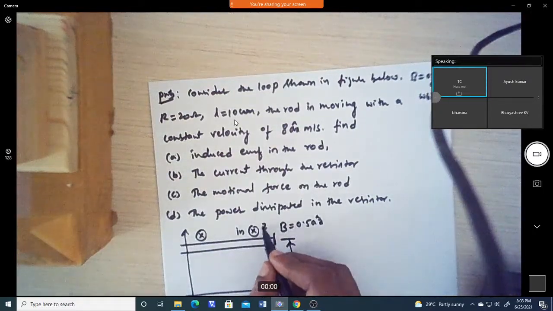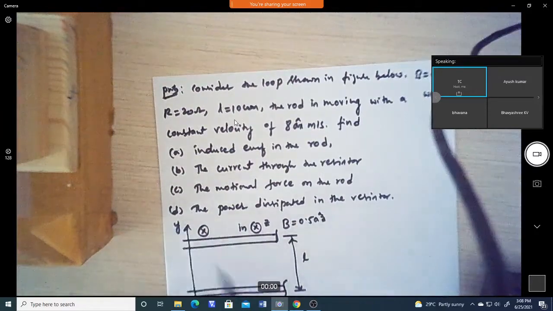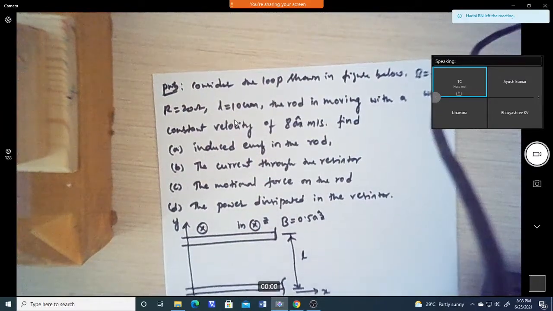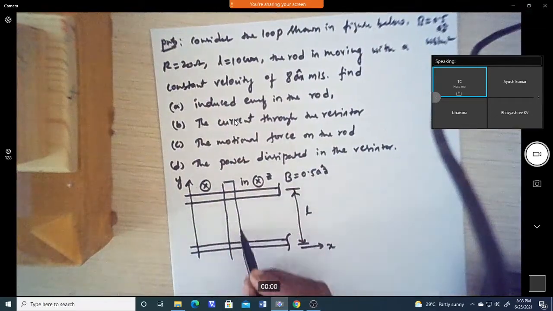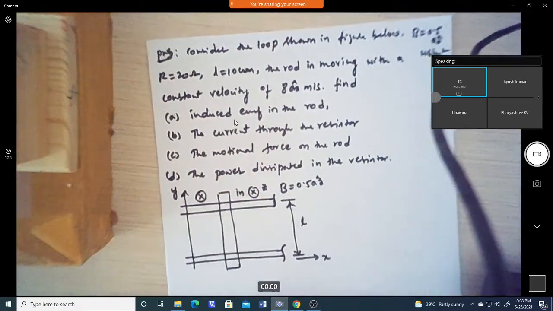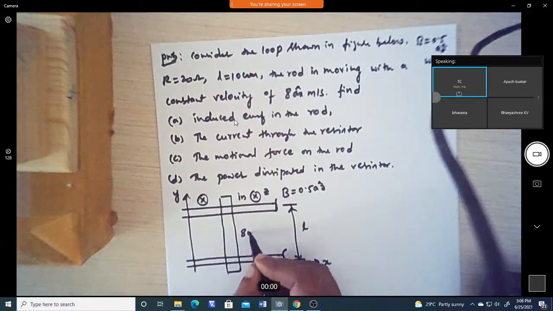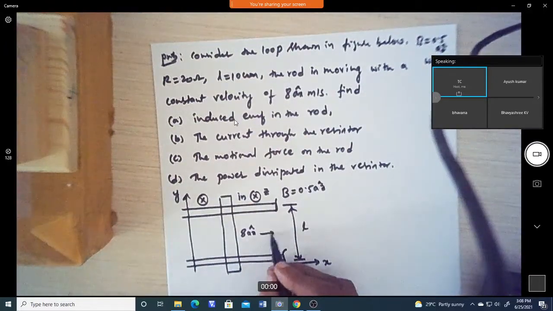Here we have Y and this is the X direction. The rod is moving with a constant velocity which is 8 aX, in this X direction.